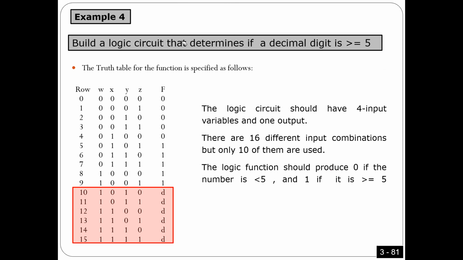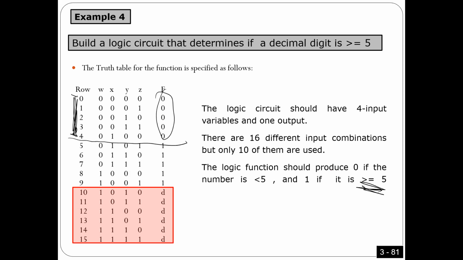Okay? So as you see here, starting from 0 until 4, I'm saying this circuit has to give me 0 in this case. This is my choice. That's my design, because I want a circuit to give me 0 when the input is less than 5.